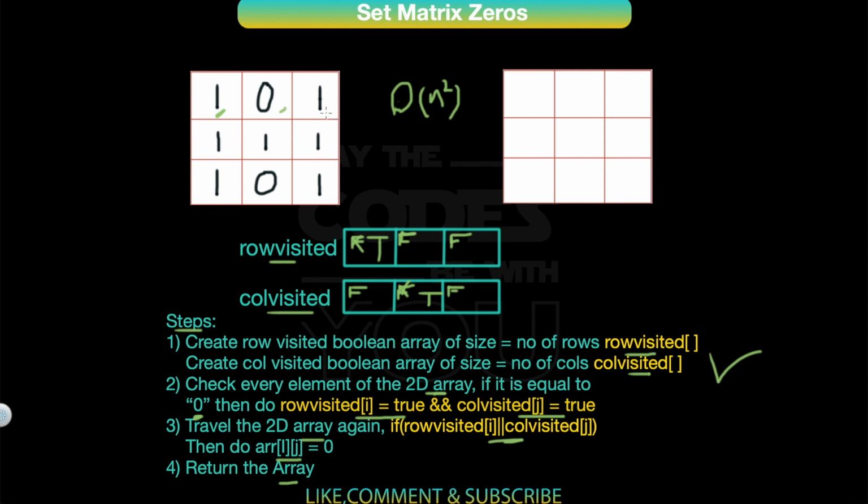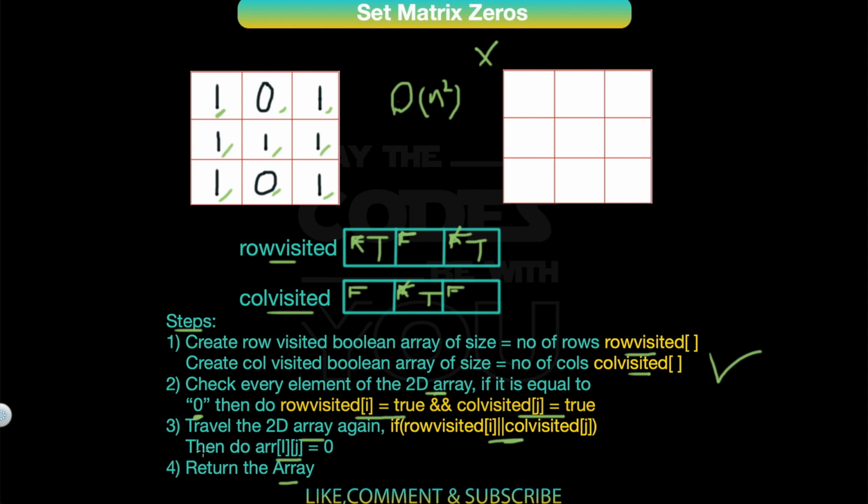Then 1 we do nothing, similarly for the next ones. Then at 0 we will turn the last row as true, and the second column is already true, and at 1 we will do nothing. We are not taking another array, we are just making changes to the same array, so the space complexity will be okay in this new approach.